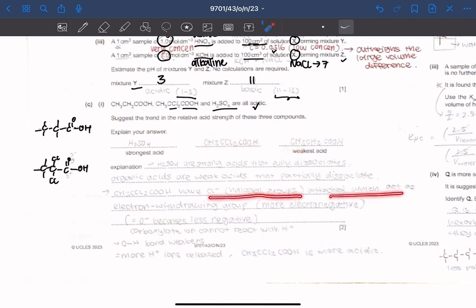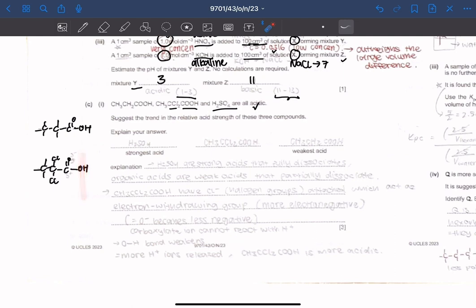Cl or halogen groups act as electron withdrawing groups, which are more electronegative and cause the O- group to become less negative, and so the carboxylate ion formed here cannot react with H+, and the OH bond weakens, and therefore it breaks more easily.